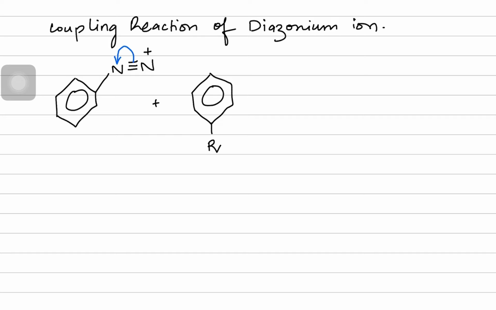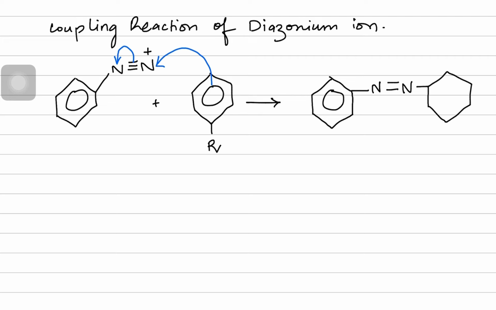What actually happens is the pi bond between both the nitrogen atoms is broken, and the benzene ring donates an electron pair to the positive nitrogen atom, because the positive nitrogen atom was like an electrophile. This results in a coupling reaction between both the compounds, and as a result, two benzene compounds are combined together.